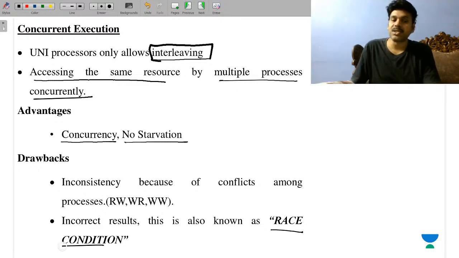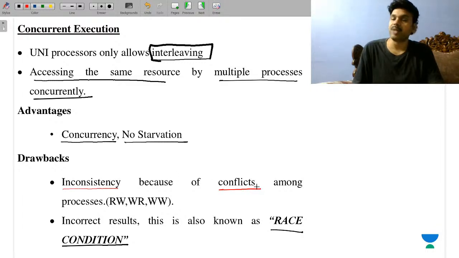That kind of inconsistency we call a race condition. So what is a race condition? Race is where two or multiple processes fight to access the resource, and obviously they are going to get overlapping or overwriting, which leads to inconsistency, or you can also say conflicts. So what is the drawback?